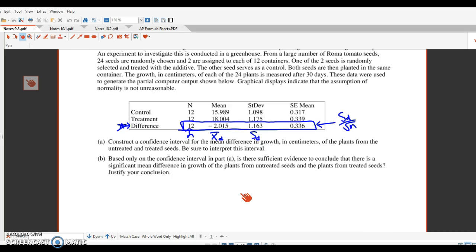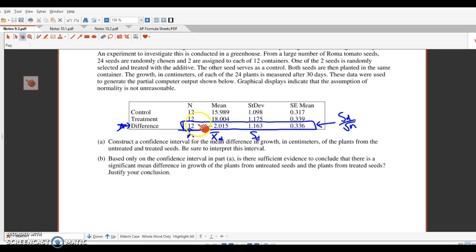Okay, I just wanted to introduce what it would look like as an AP problem. This is a computer printout of information. It's been pretty standard in the recent AP tests that they will give you the difference and the mean and the deviation already calculated for you, so you don't waste time doing that on the test with the raw data.